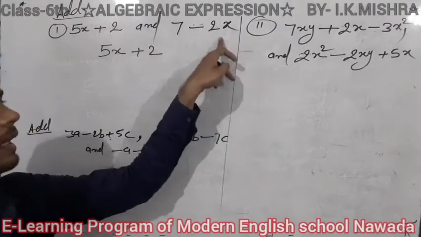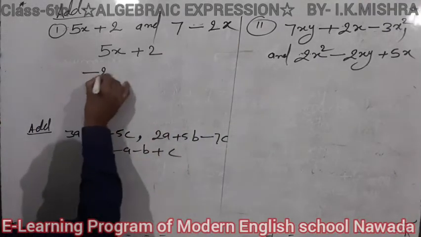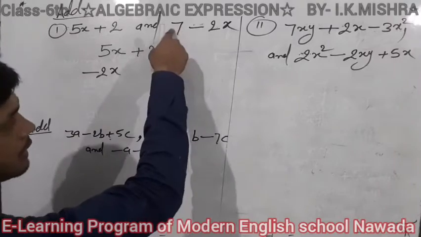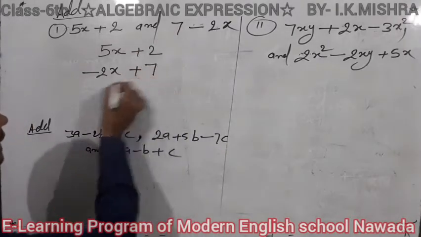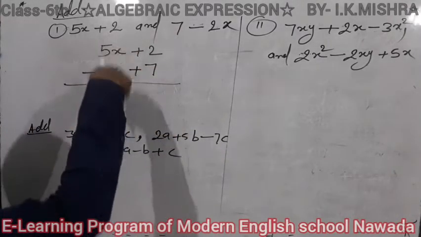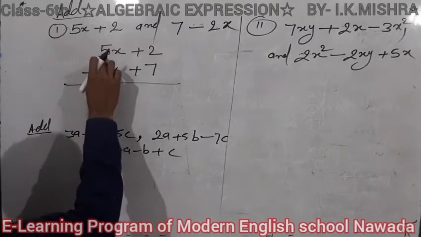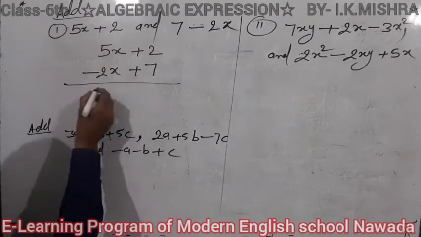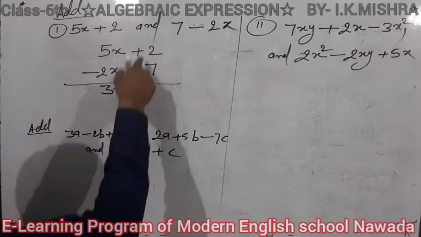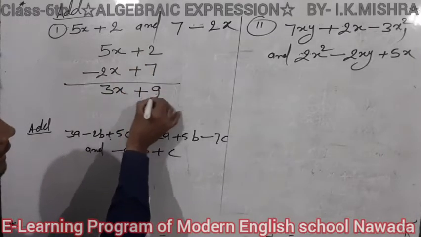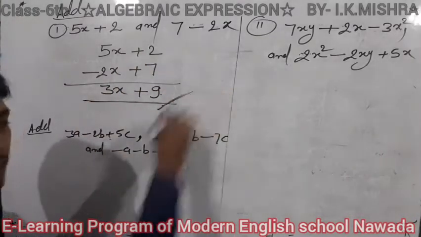That means you can write here minus 2x first, and here 7 is plus, so plus 7, and then you add it. When you add, it will be 5 minus 2, that means here 3x, and it will be plus 9. It's your answer.